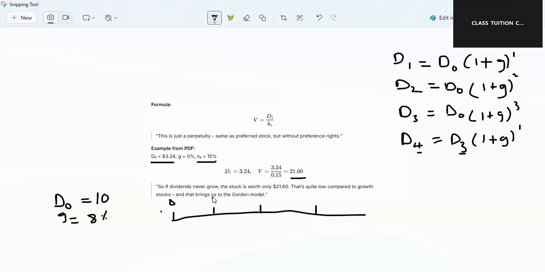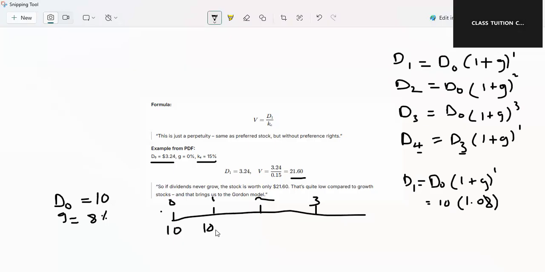We are starting with D0 of 10. How do we get the dividend for D1? It's D0 (1 plus growth) to the power 1. D0 is 10, and the growth rate is 8%, so 10 times 1.08 to the power 1. So here we're going to have 10.8.